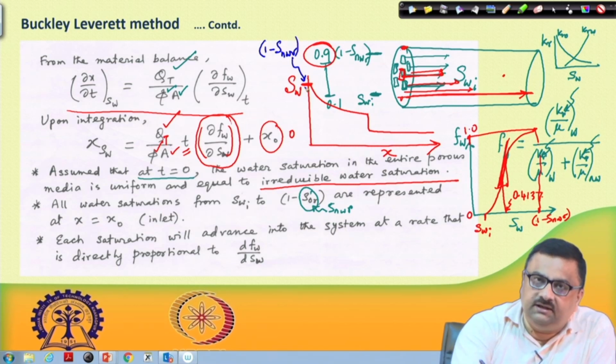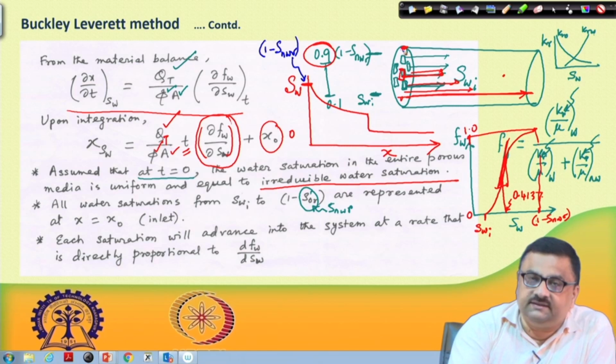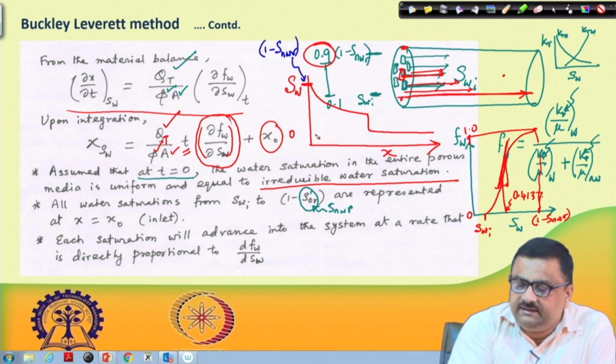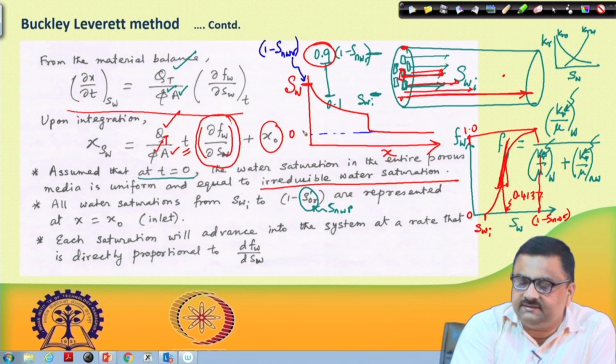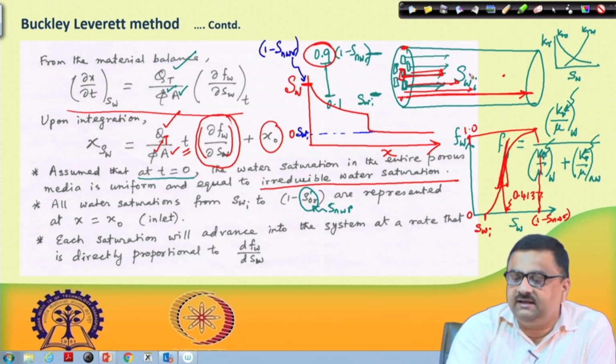So, this is the limit, that is what the saturation would be at the face, that would be least traveled, whereas this would be SWI, that means this is at the interstitial water saturation. So, the front has come up to this point. So, this part is still at SWI.